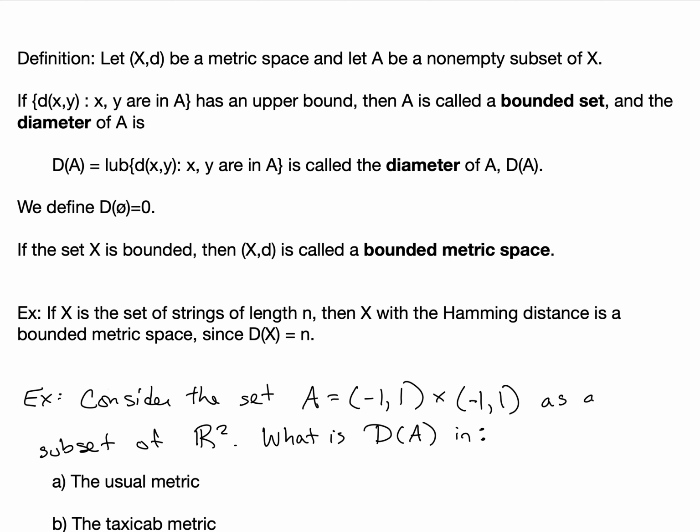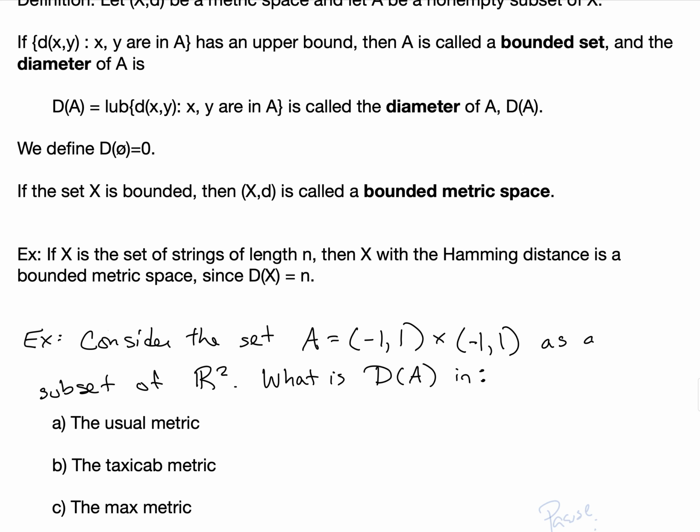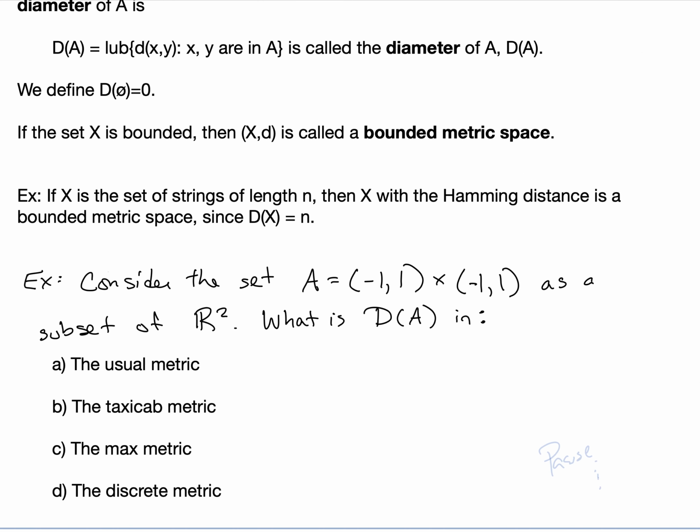So as a quick example, if X is the set of strings of length n, then the set X with the Hamming distance is a bounded metric space, since the diameter of that set would be n. So if there's only n bits in each string, then there can be at most n places in which 2 strings differ. Here's another example to try.